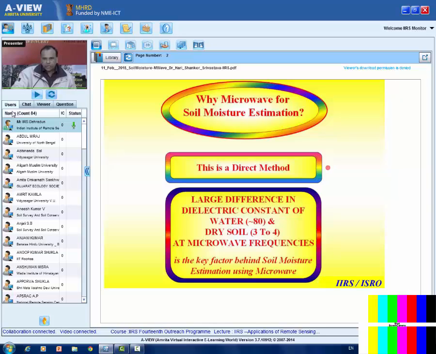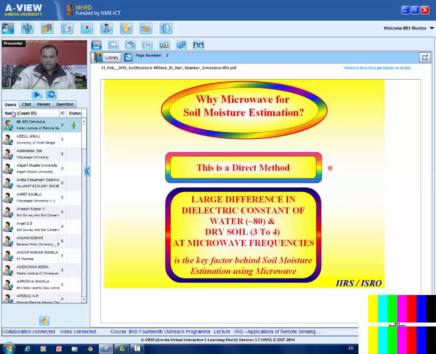Moreover, in optical remote sensing the penetration depth is very poor. If vegetation cover is there, it is nearly impossible to get an idea about the soil moisture below the crop cover or vegetation cover. Similarly, we can also use thermal data, but the pixel size is coarse.